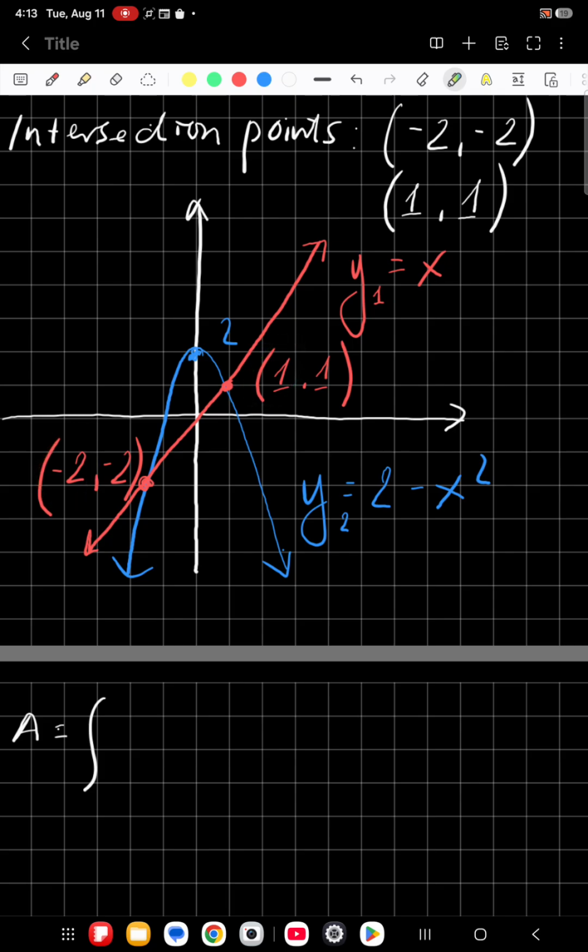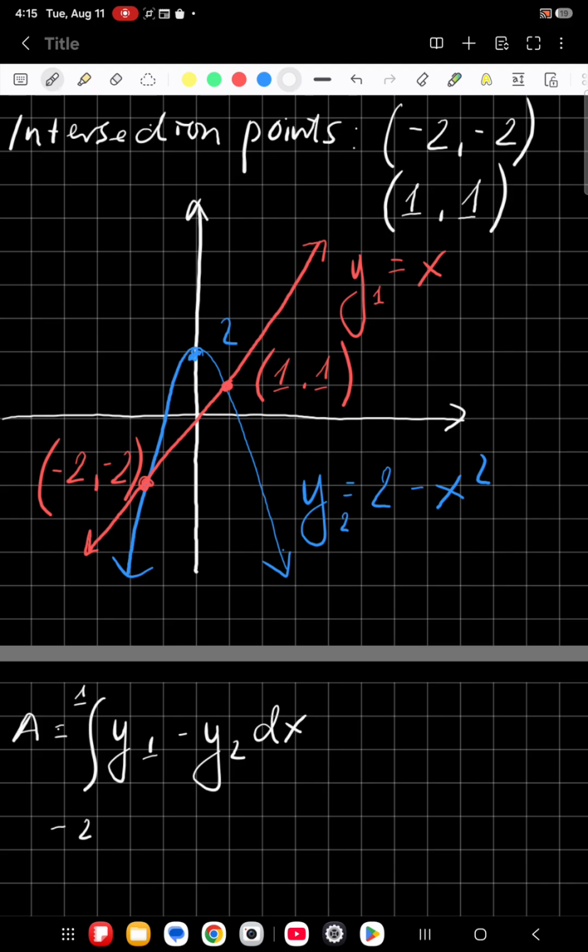So that's going to be from -2 to 1. Then y1 minus y2, and then dx.